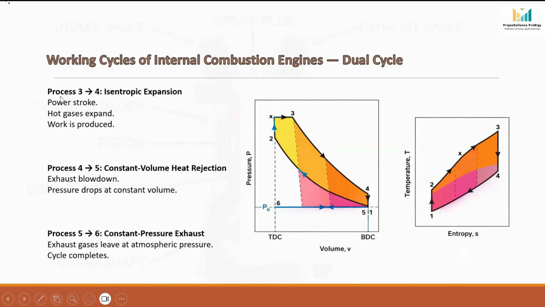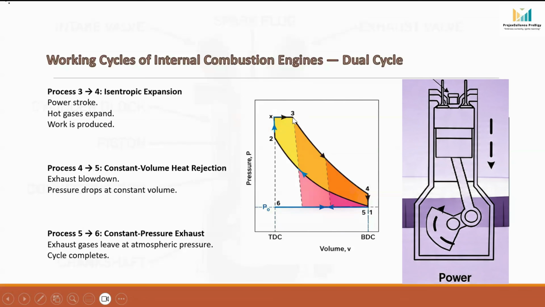Next, we have process 3 to 4, isentropic expansion. At this stage, combustion is complete and the gases inside the cylinder are at very high pressure and temperature. Both the intake valve and exhaust valve remain closed and the piston now moves downward from TDC to BDC.